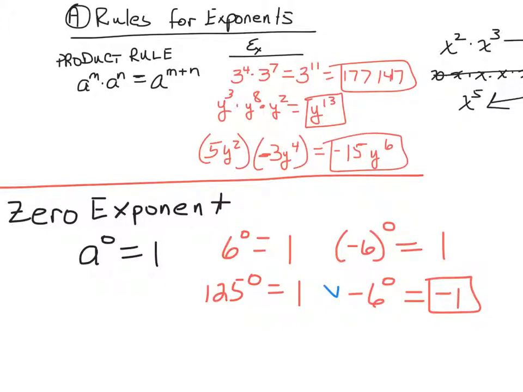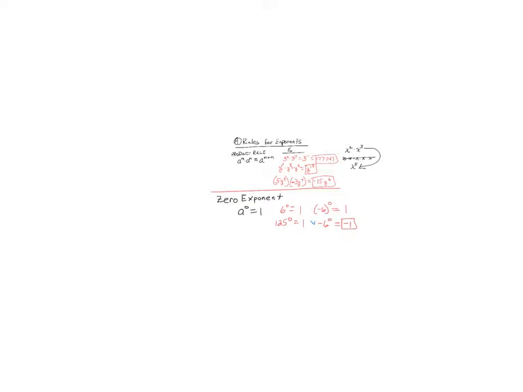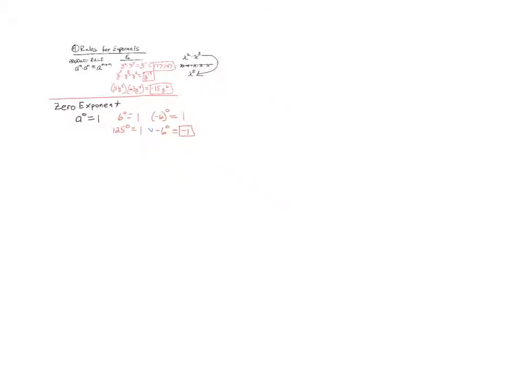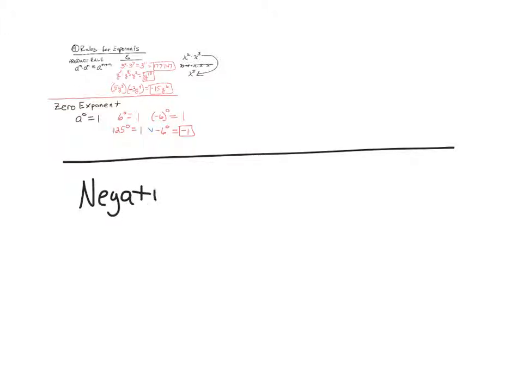Okay, are we good with the zero exponent, ladies and gentlemen? Okay, moving on down the road. So the next thing we're going to discuss is the notion of a negative exponent.